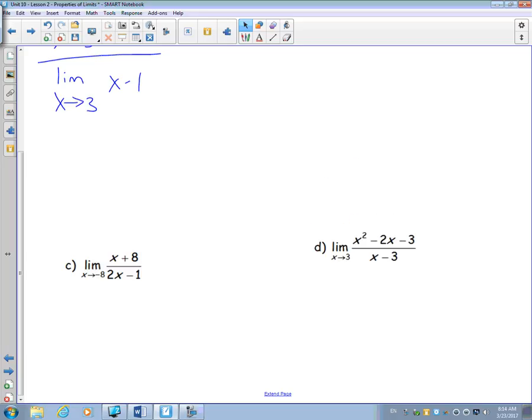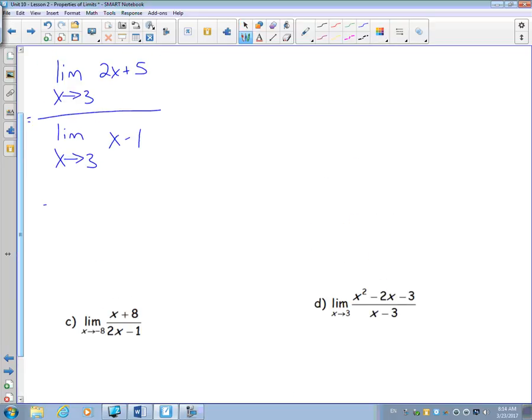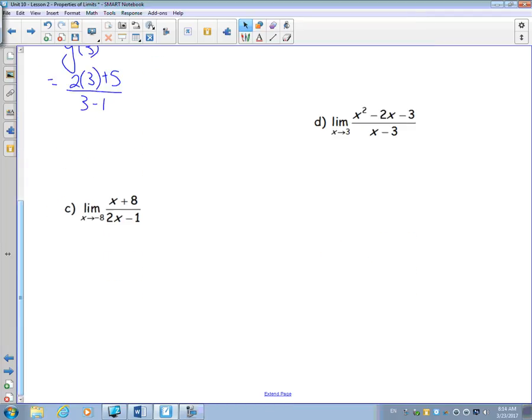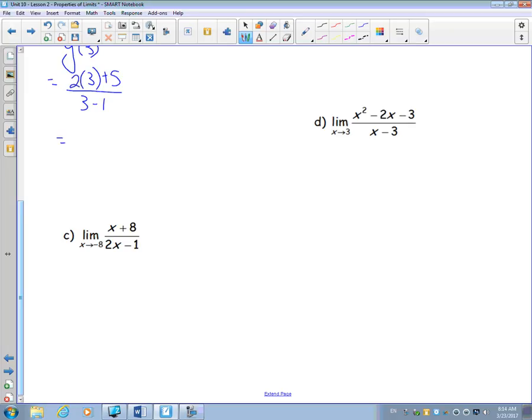I can figure out the top one, f at 3, and the bottom one, g at 3. What's that going to give us? It's going to give us 2 times 3 plus 5 on the top, and 3 minus 1 on the bottom, which means this limit is 11 over 2.